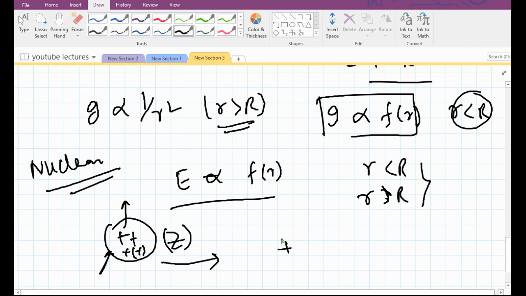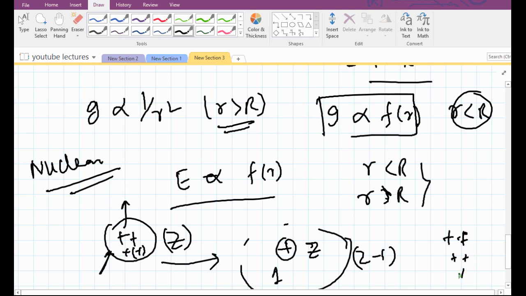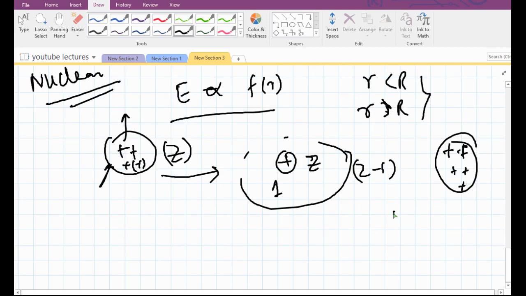Suppose we pick one proton out of Z protons; the rest of the protons number Z minus 1. So if you have 5 protons in the nucleus, you will pick 5 into 4, that is q into q.